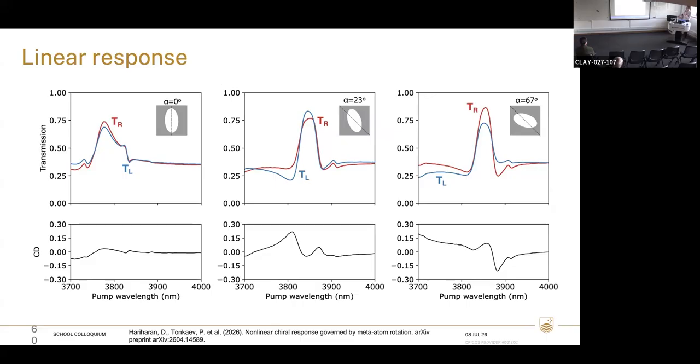But for the 23 degree and for 67 degree, we do see the switching of the linear CD from positive to negative value. And for 45 degree, we observe zero CD due to the symmetry. So basically, by changing this rotation angle, we can control the CD for this system.